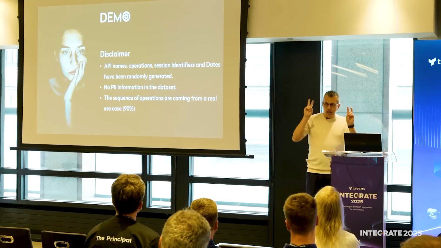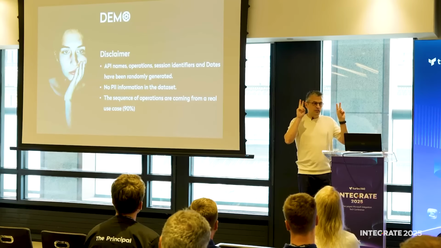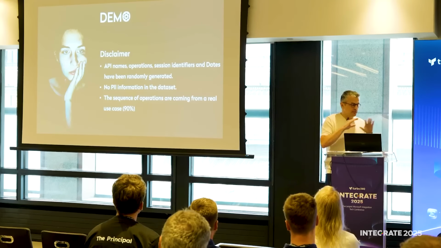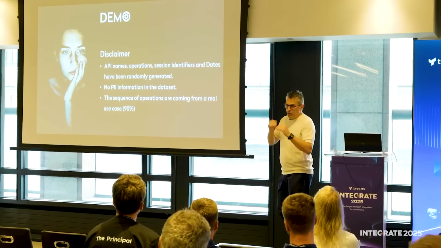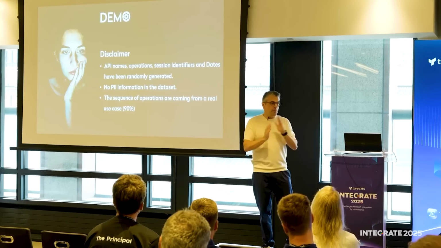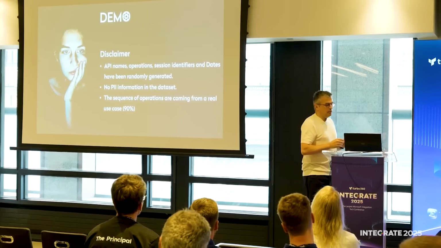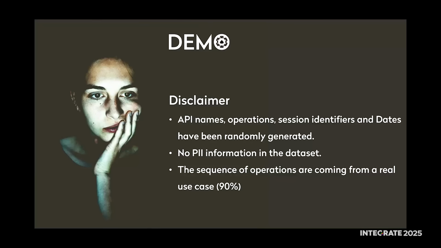On purpose, I'm using the IP address as user identification to make it extremely generic. But there is only one thing: the sequence of the API operations, to make sense, comes from a real use case, or 90% of it. I thought it was a good number to put. What it means, it means everything and nothing, but okay, that 90%.